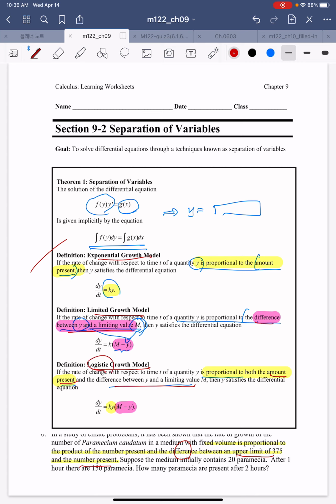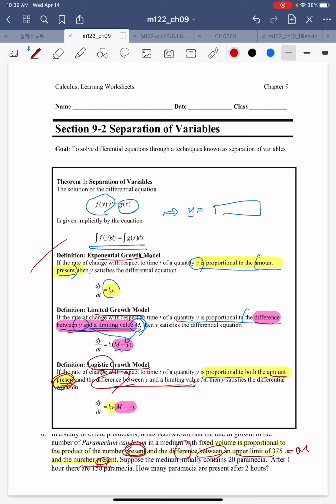There's a product of the amount present and the difference between the limiting value, so this will be M, and the y. So this is a logistic growth model. So this is how we know the difference between the three. Look for the matching word.